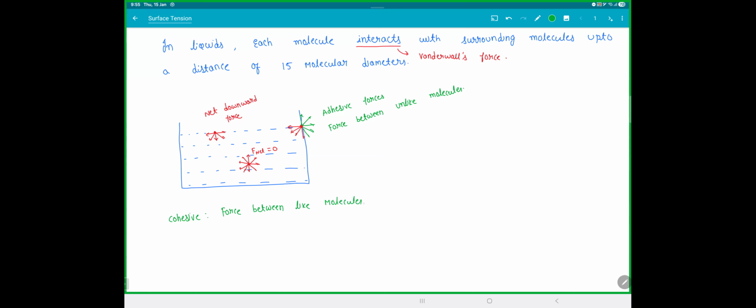So if you see, actually there are three different force profiles here. The one inside will have zero force. The one on the surface will have a downward force. The one on the edge will have a different kind of force profile. We'll talk about that. This 15 molecular distance which I was talking about is called the sphere of influence. So this radius is 15 molecular diameters.